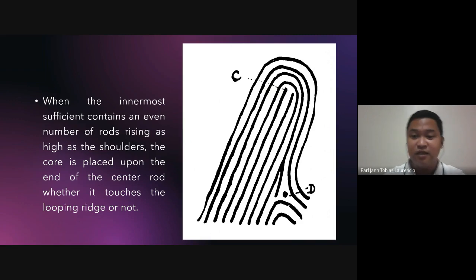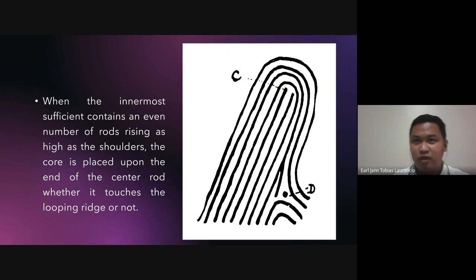According to the next rule, when the innermost sufficient ridge contains an even number of rods that rise as high as the shoulder, the core is placed upon the end of the center rod, whether it touches the looping ridge or not. Let us simplify this one.